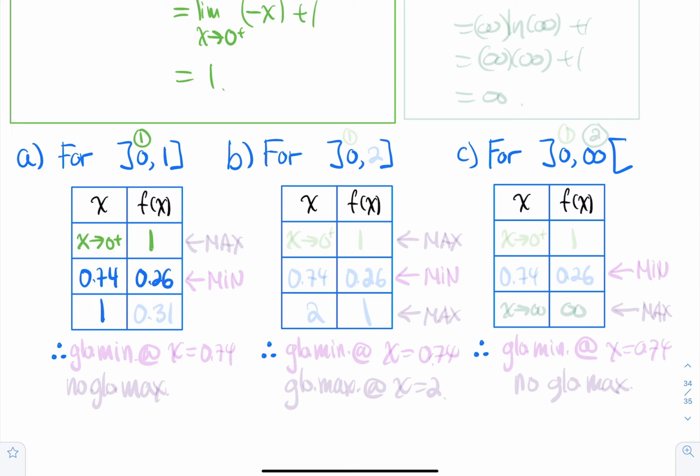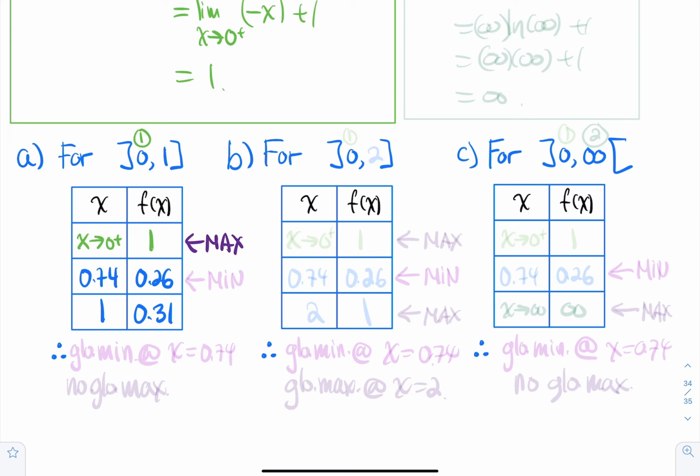And then we have 1, a closed endpoint, and if you compute the output there, you're going to get 0.31. So now if you compare stuff to make a conclusion, where is the highest possible value? Well, the highest possible value in this table is right here because of that 1. So we have a max here, but it's reached by a limit only.